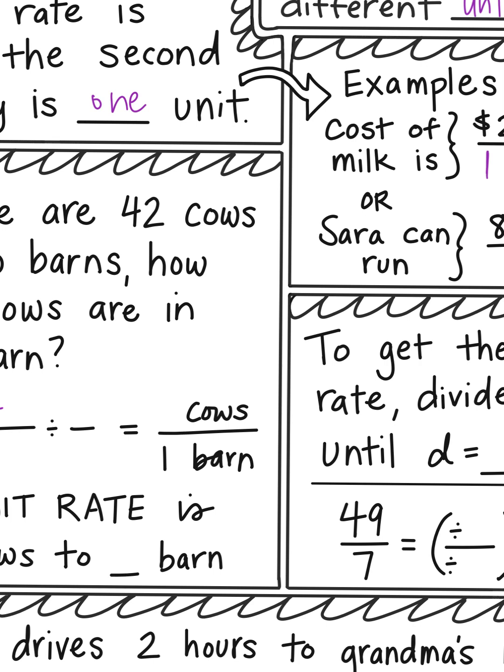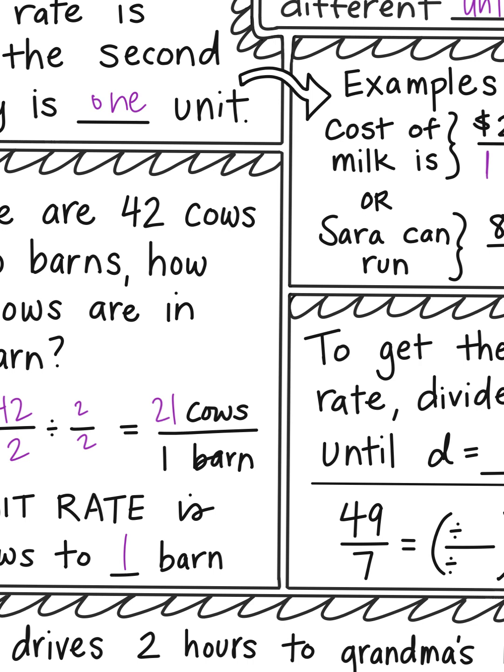So if I have 42 cows for 2 barns, to reduce it to a unit rate, I would divide these by 2 because I want to make sure that my bottom number is a 1. So 42 divided by 2 would be 21 cows. So the unit rate is 21 cows to 1 barn.